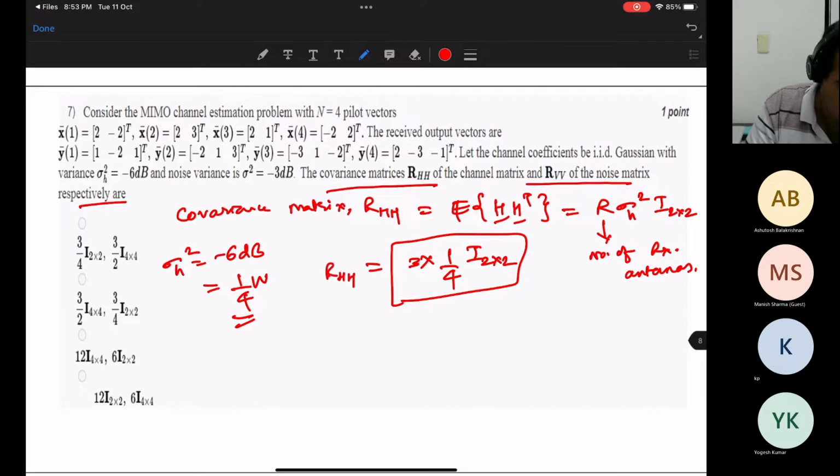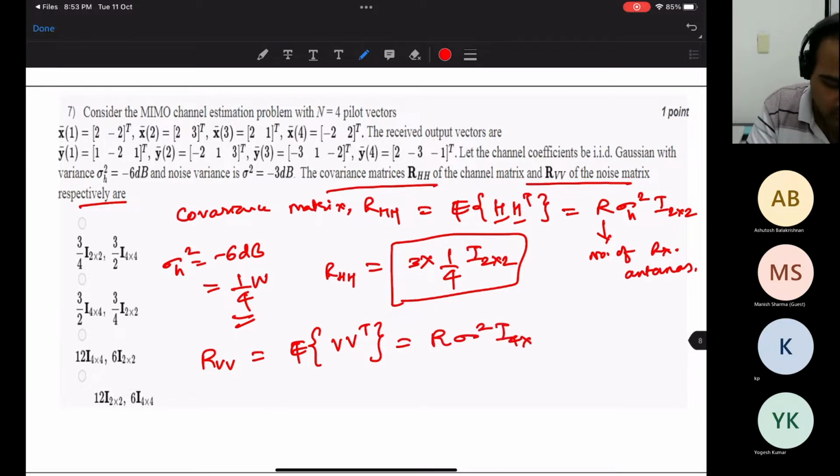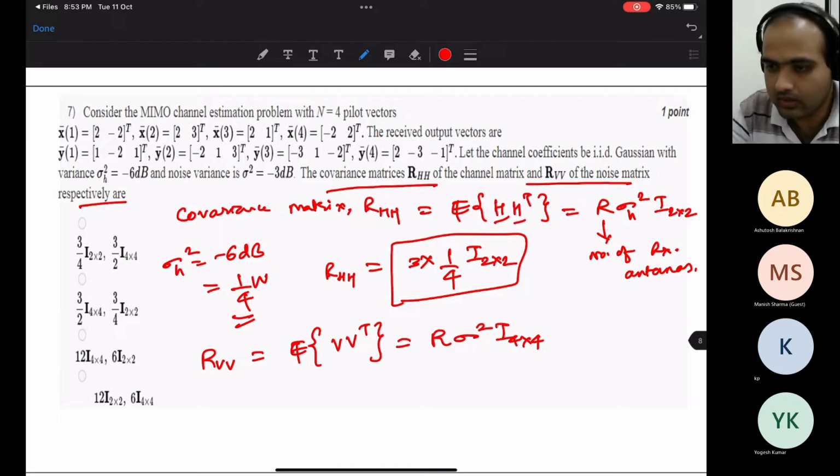Similarly, my covariance matrix for the noise RVV is computed as the expectation of V V transpose, and as done in class, this is R times sigma square I 4 cross 4. Be careful of the variance you use. The noise variance and sigma H square are separate: one is the AWGN and the other is the fading.